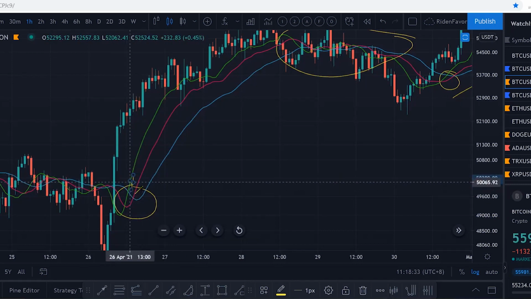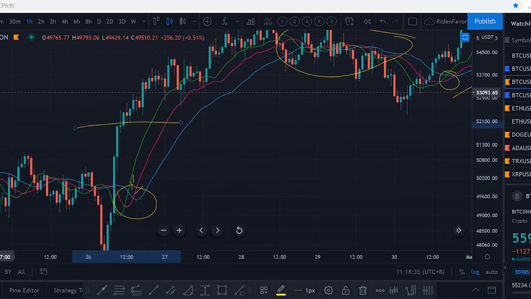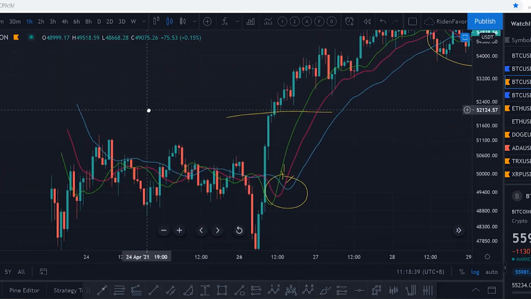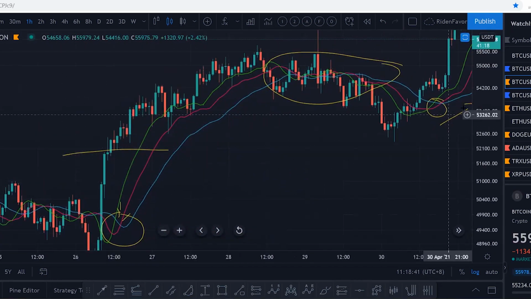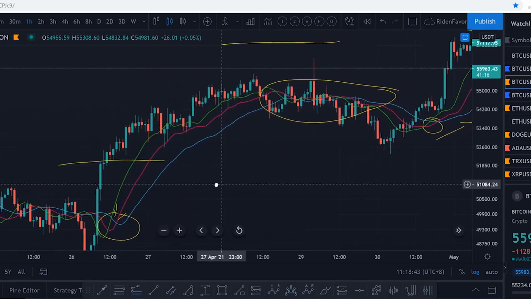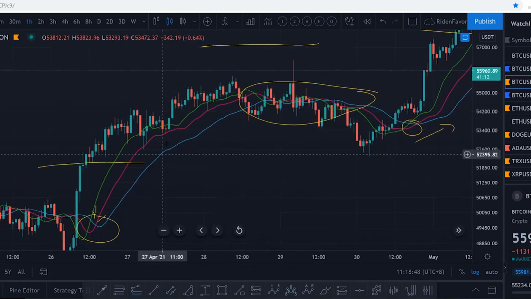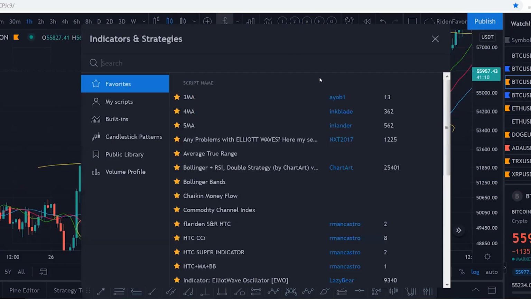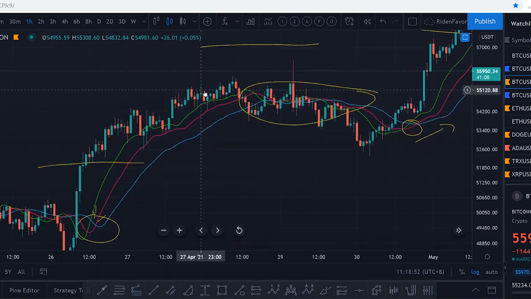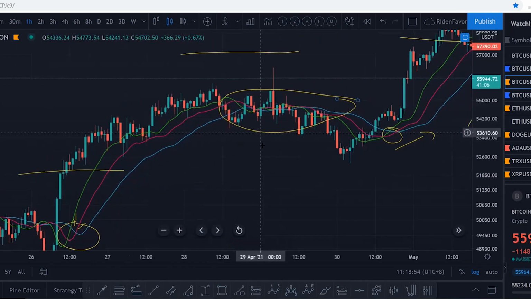Okay, so I hope you understand now the alligator strategy, and just to make sure, you can add another indicator to confirm whatever trend. It's the best way in trading to have some confluence of indicators. We have a lot of indicators right now that you can use. You can add one or two, whatever is comfortable.